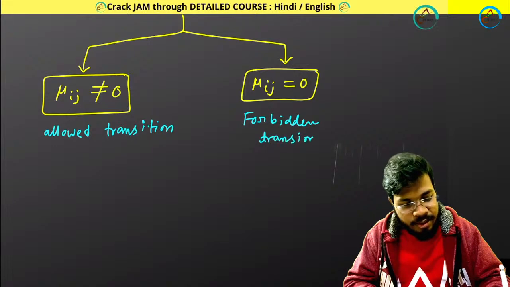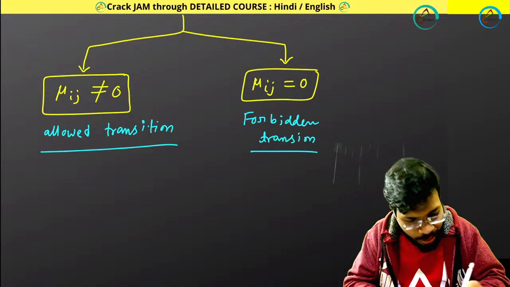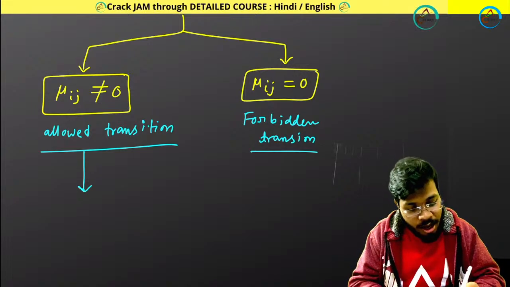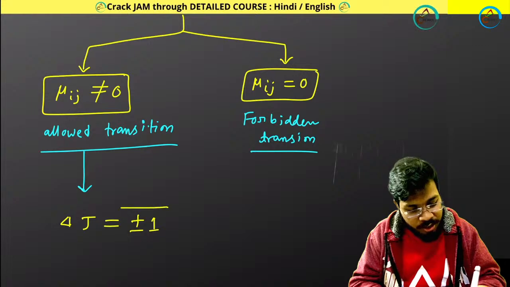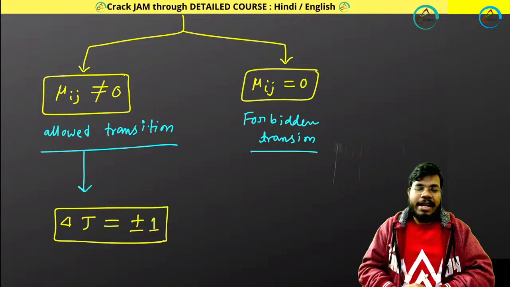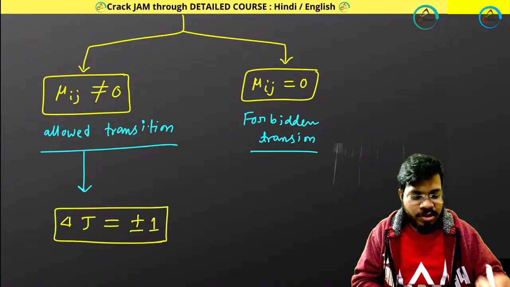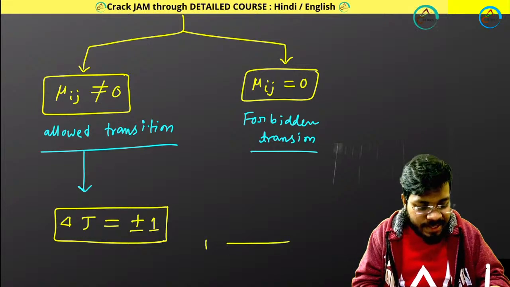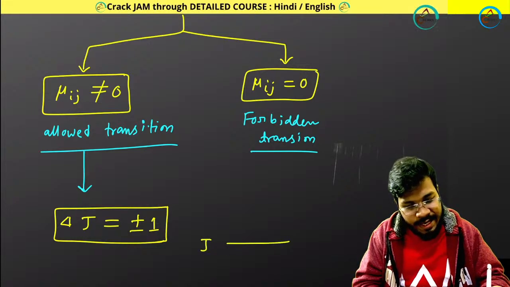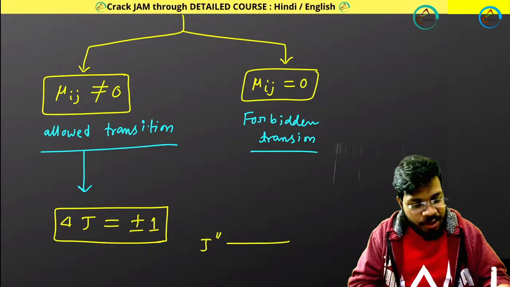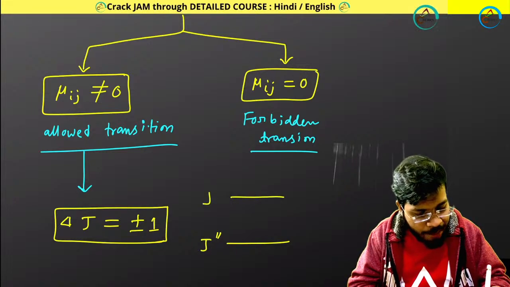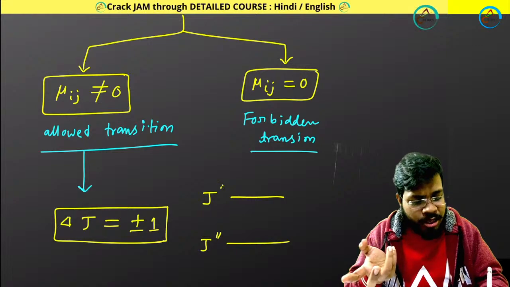If you calculate the values, you will get your selection rule: delta j equals plus or minus 1. Suppose one energy level is based upon one j value, like j double prime, and another energy level belongs to j prime.